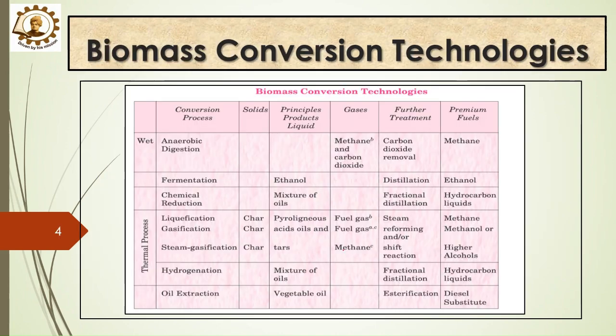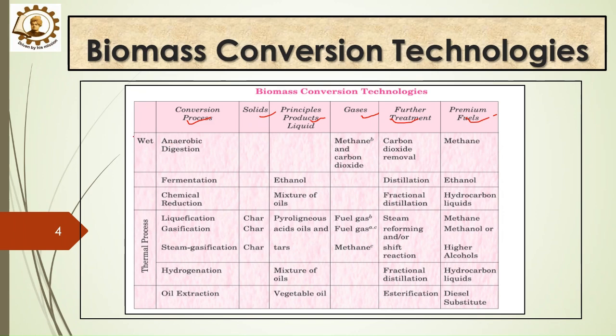Now, coming to the biomass conversion technologies. So, these are basically chemical processes, but the yield or the net output from the process is different. So, this is a tabular thing where first one is the conversion process, then the solids, then the principal liquid products, then the gases, then further treatment, and then the premium fuels.